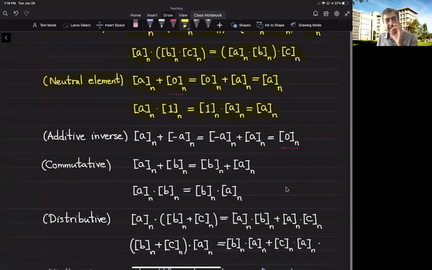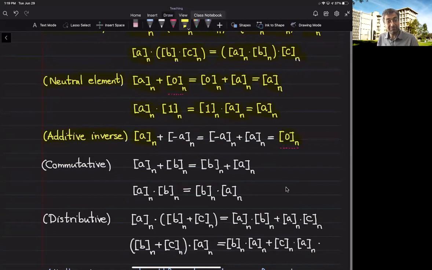Now, every element has an additive inverse. This means what? Every residue class that you give me, I can add some residue class and end up getting my neutral element with respect to the addition.